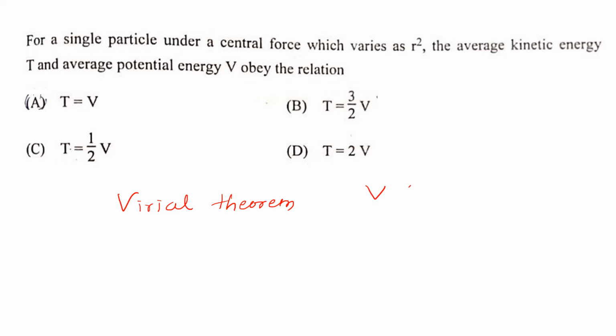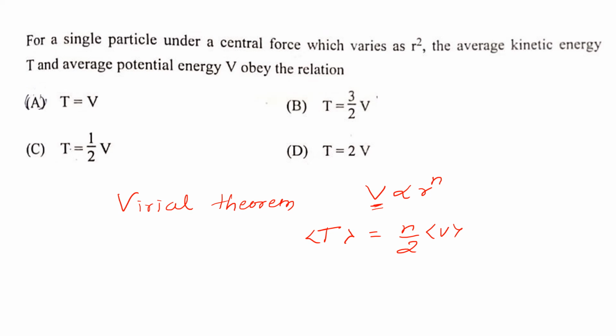If V is proportional to r raised to n, then average kinetic energy T can be written as n by 2 into V, where n is the power of r on which potential depends.